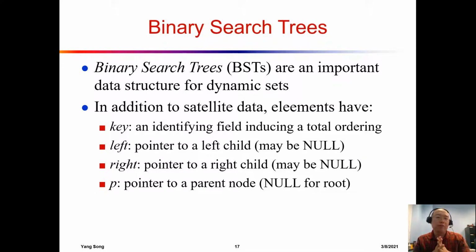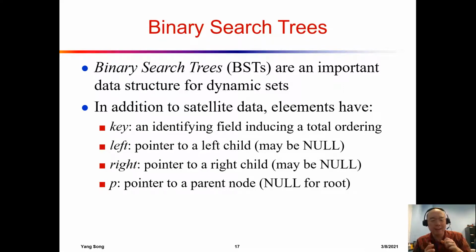Okay, so for the binary search tree, the short name is the BST, and sometimes we will use the BST in our class. And then for each node of the BST, remember we want to have the key, right? And other than the key, we may have multiple pieces of the satellite data. One piece of the satellite data could be, say, how much tuition does this student owe?